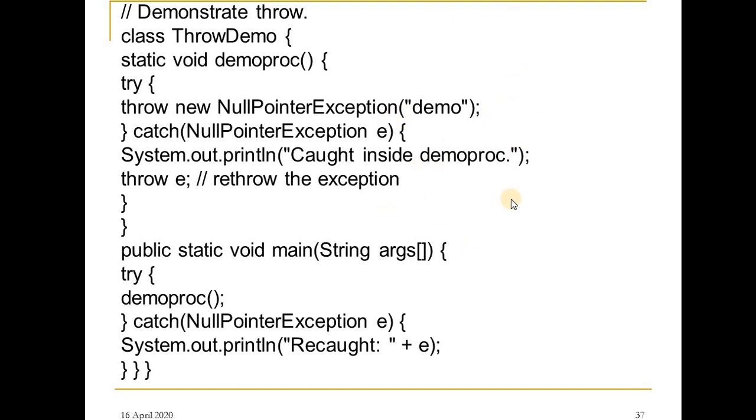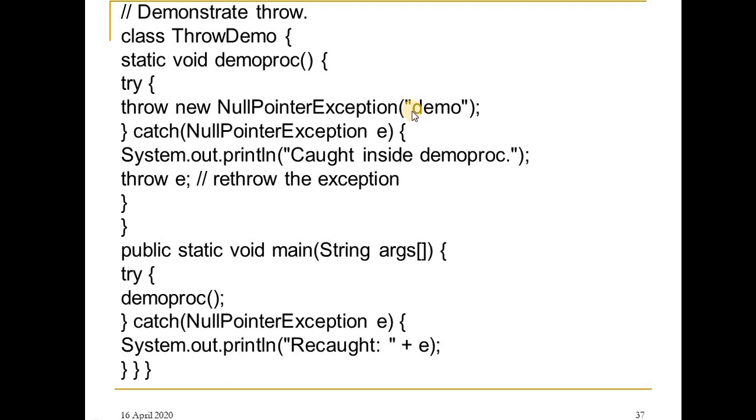The string parameter describes the exception. So over here we are creating an object of type NullPointerException, and to the constructor of NullPointerException we are passing a string, that is "demo".